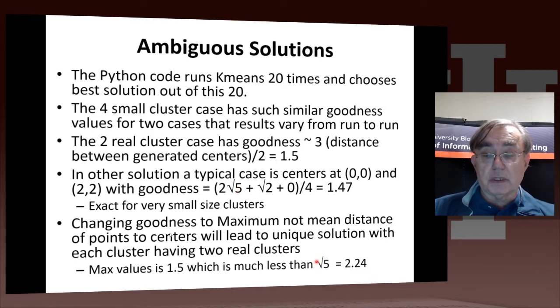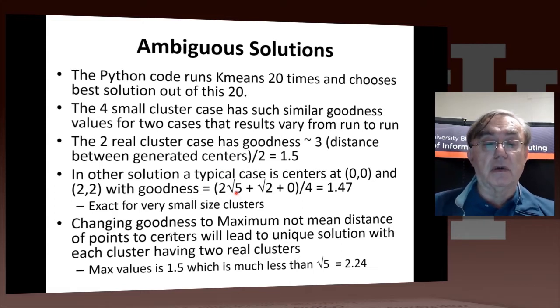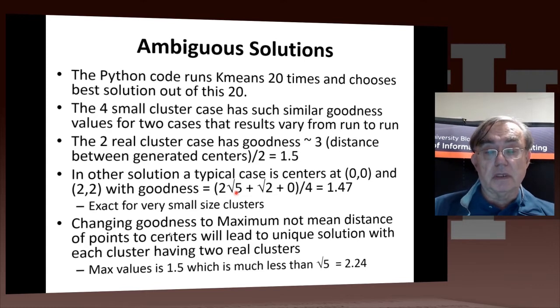And if you look at the maximum distance, actually the root 5, namely for this center here, 2 of the clusters are distance root 5 from the center, 1 of the clusters distance root 2, and that gives you this 1.47. But there are 2 clusters which are root 5, full of 250 points, from the actual determined cluster center, and so the maximum is root 5.